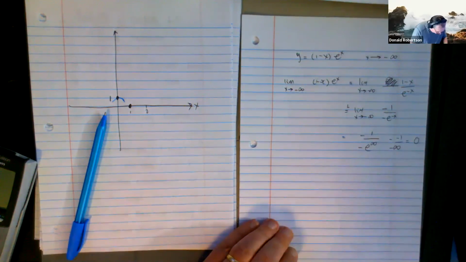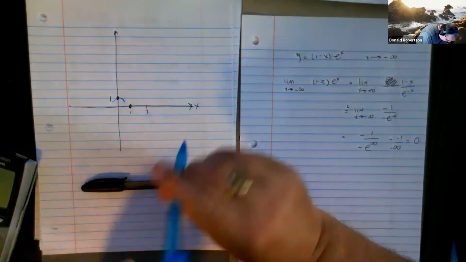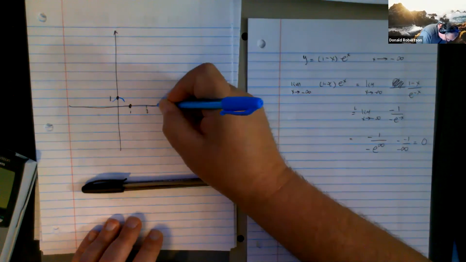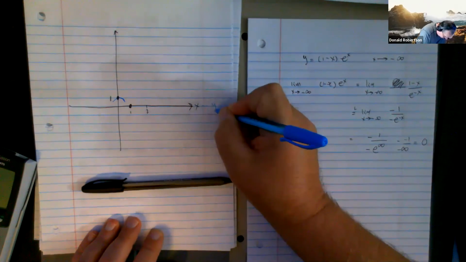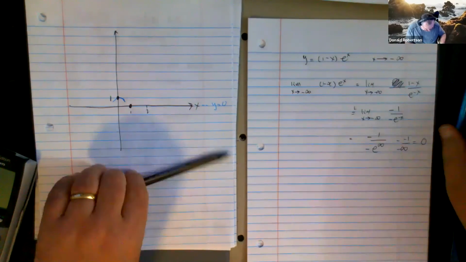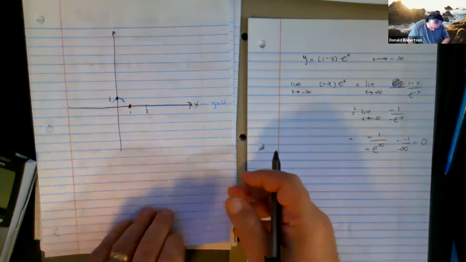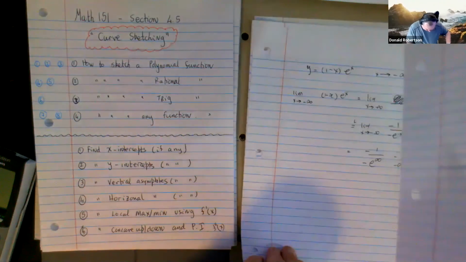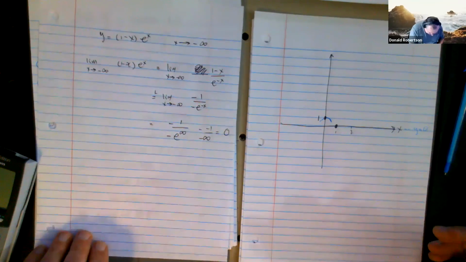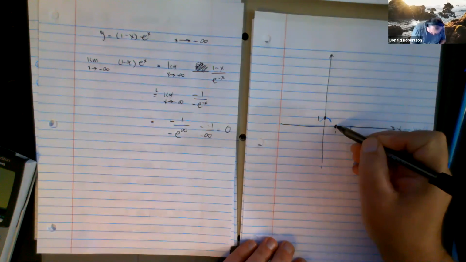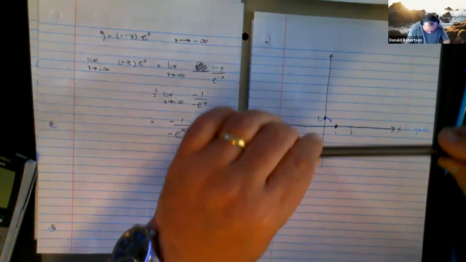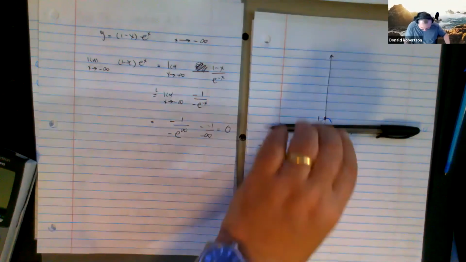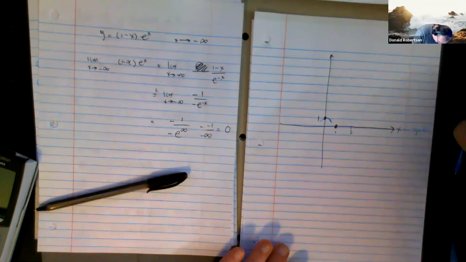It does have a horizontal asymptote, and that horizontal asymptote is y equals 0. So now we have a major issue of putting the pieces together. It has to go through here, and it has to have a horizontal asymptote. And they sound like contradictions, but they're not.